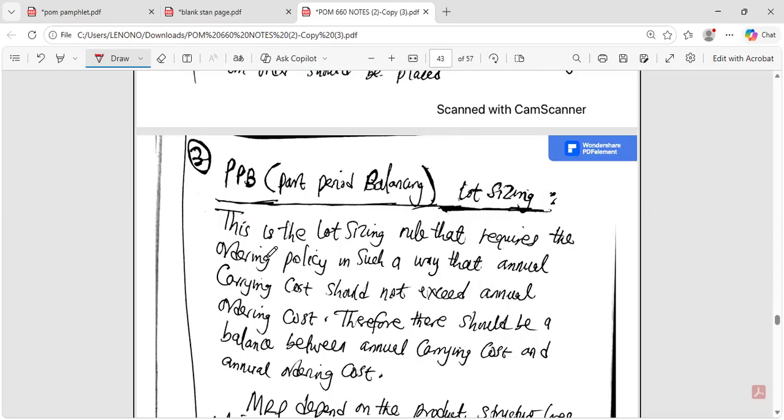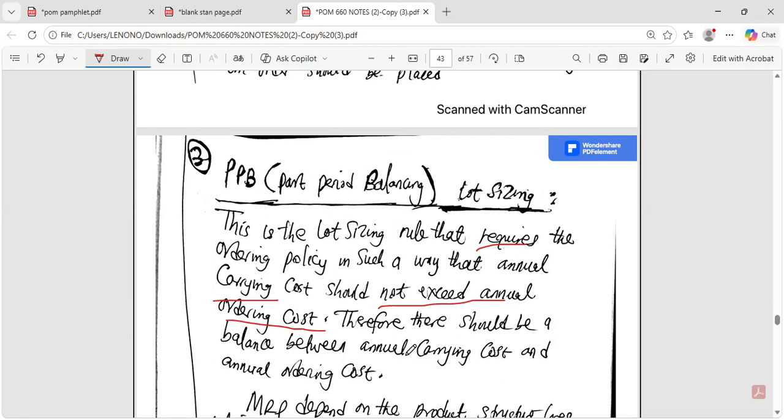So this is the lot sizing rule that requires the firm to have an ordering policy in such a way that annual carrying cost should not exceed annual ordering cost.